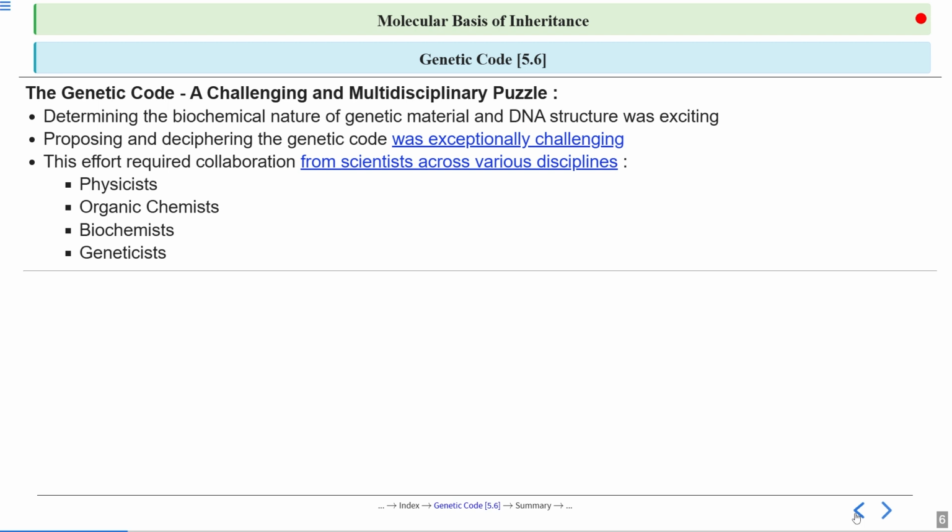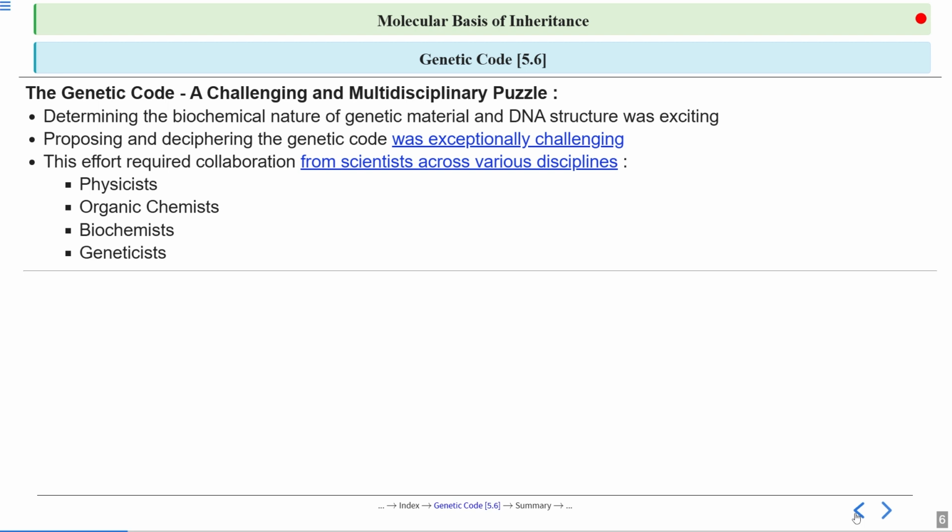So in this slide they are telling us that when the world got to know the biochemical nature of the genetic material, that DNA is the thing where all genetic information gets stored, and then got to know the double helix structure of DNA, it was very exciting. But proposing and decoding this genetic code was exceptionally challenging. This effort required collaboration from scientists across various disciplines.